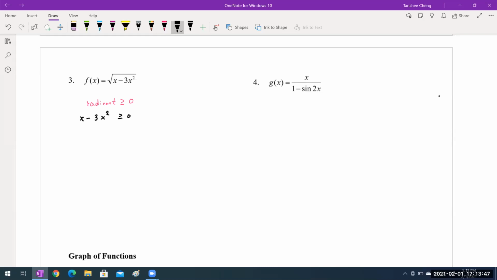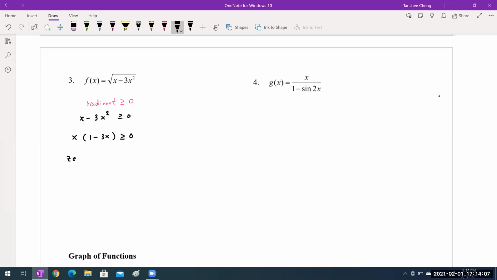So how do we solve this quadratic inequality? We factor it out. That will give you x times (1 minus 3x), which will allow us to easily find the undefined points and the zeros of this polynomial.